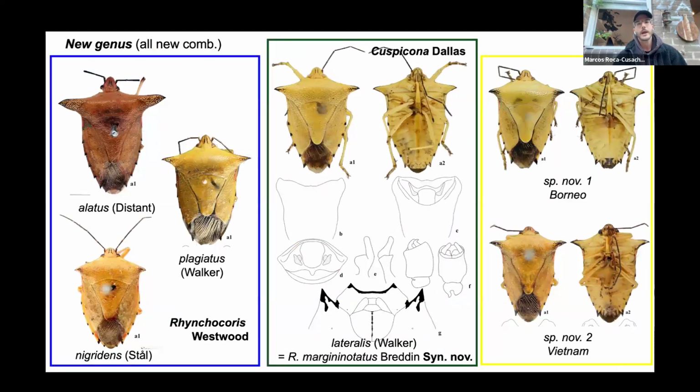On the other hand, we have this new genus where 3 species, alatus, plagiatus, and nigridens, that were before in Rhynchocoris, are now transferred to this genus. Then a species that was in Cuspicona, lateralis, was also transferred to this genus based on all the aforementioned characters. We also synonymized the species Rhynchocoris marginotatus. And we have 2 new species, one from Borneo and the other one from Vietnam.